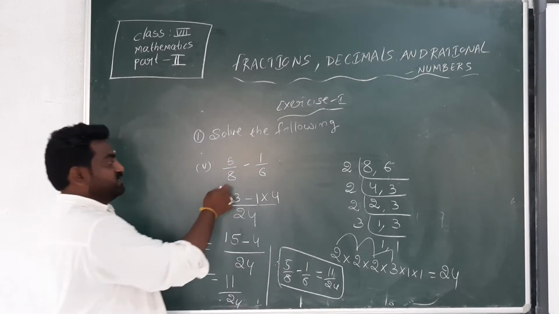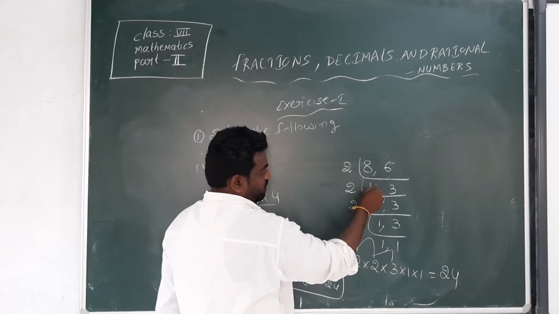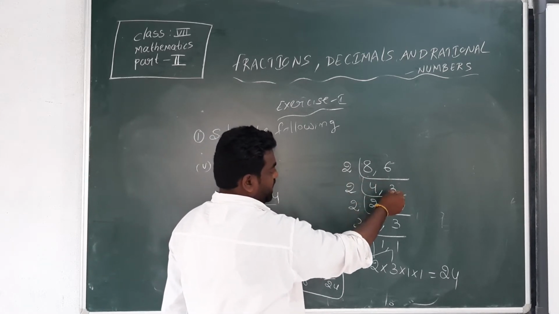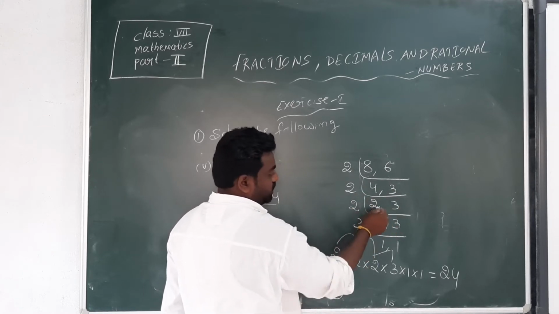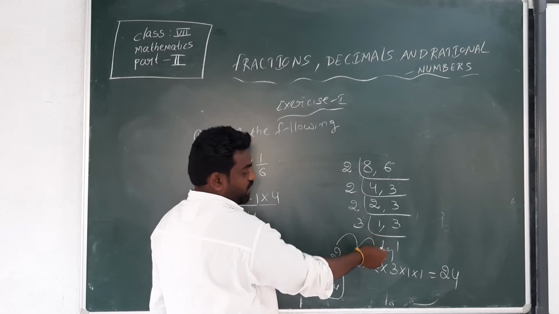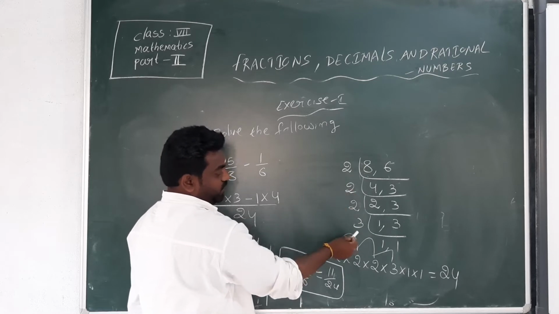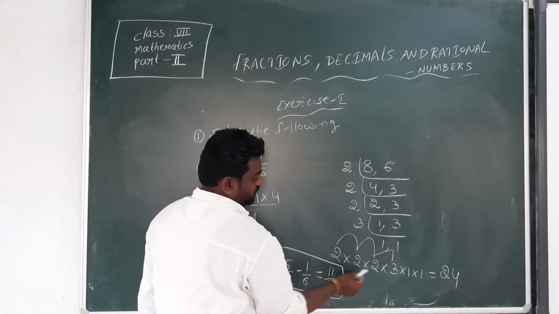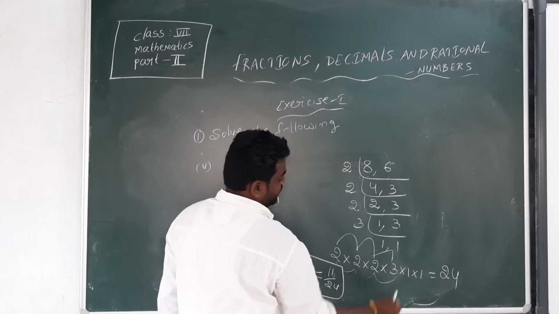Okay. First take the LCM of 8 and 6. 2 table 4 times, 3 times; 2 twos are 4, 3 not possible; 2 one time, 3 not possible; so 3 one time. So 2 into 2 into 2 into 3 into 1 into 1. 2 twos are 4, 4 twos are 8, 8 threes are 24.